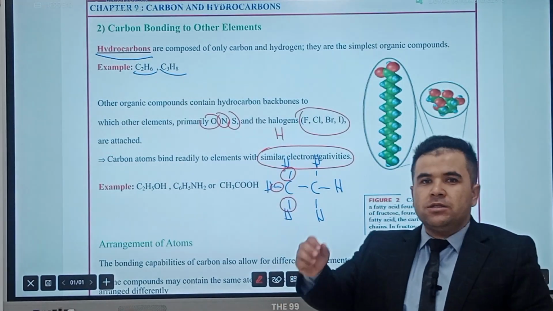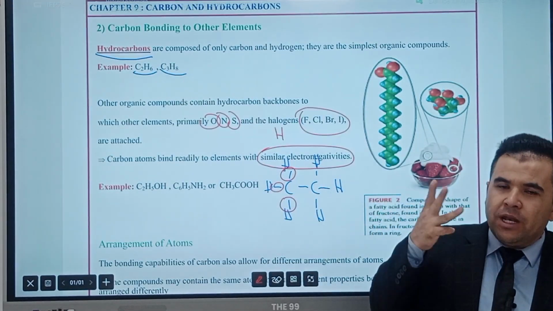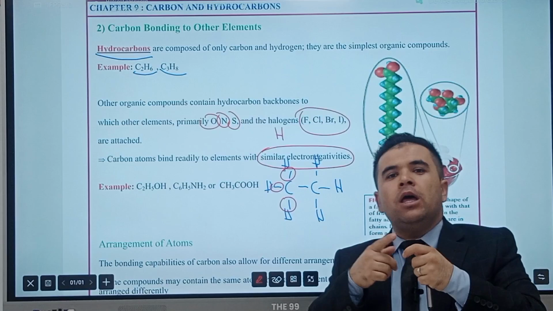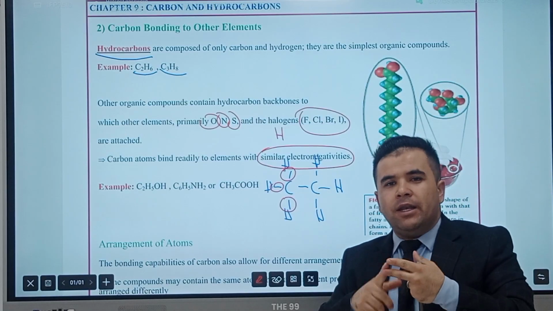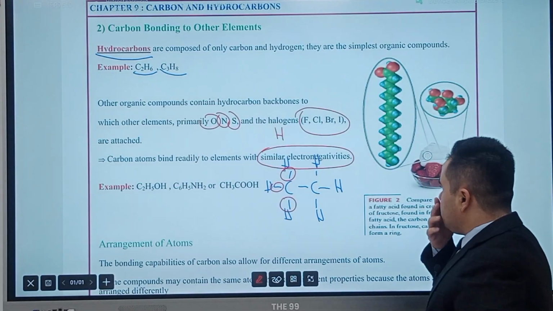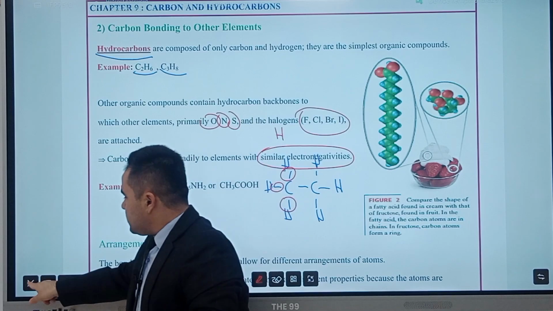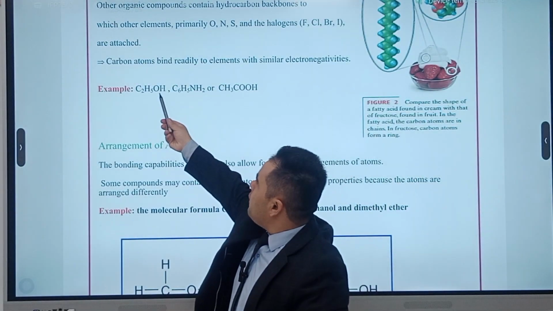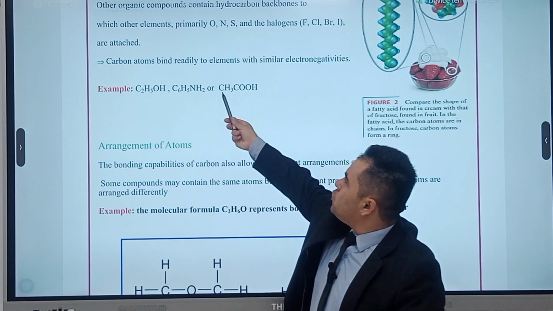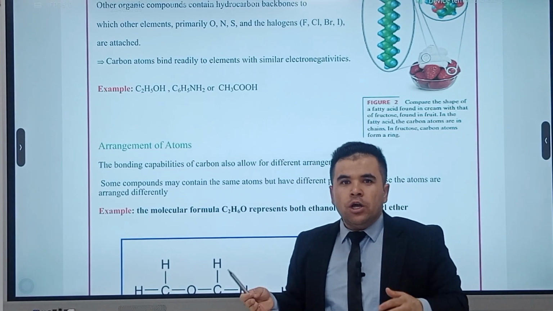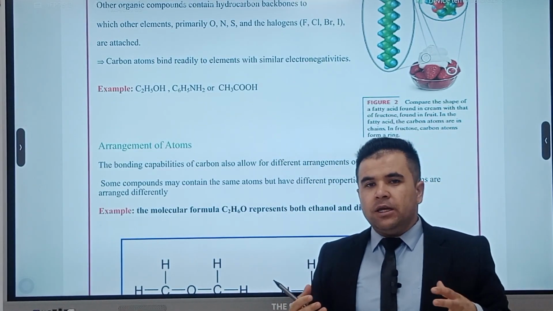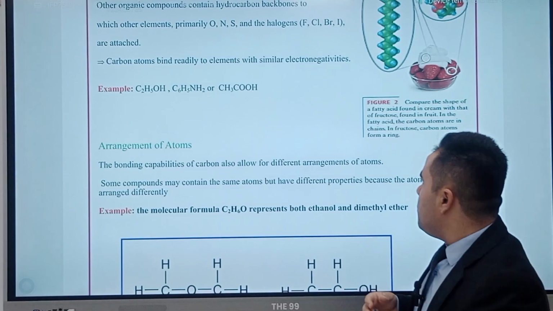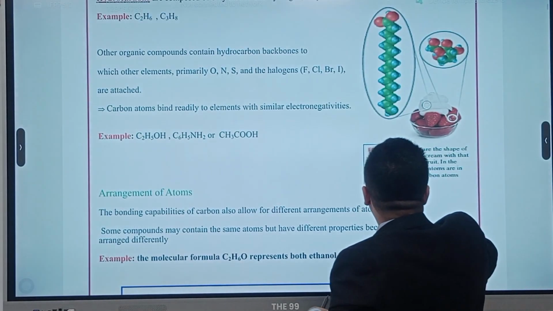So eight elements: fluorine, chlorine, bromine, iodine, oxygen, hydrogen, sulfur, and nitrogen are those nonmetals. Usually carbon has a tendency to bond with them. Examples: C2H5OH, C6H5NH2, CH3COOH. They are all carbon-containing compounds, and carbon is bonded with the other elements.